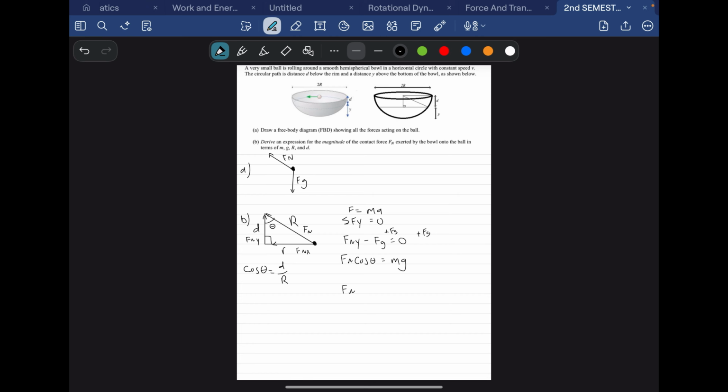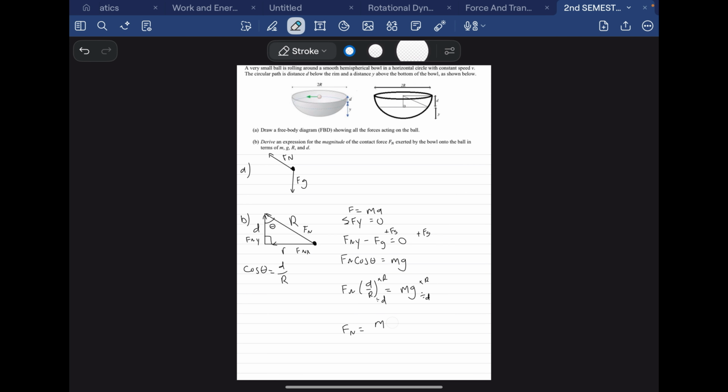So Fn d over R is equal to mg, right? And then divide both sides by d, and then multiply by R, which gives me this equation for the Fn expression: mg capital R over d.